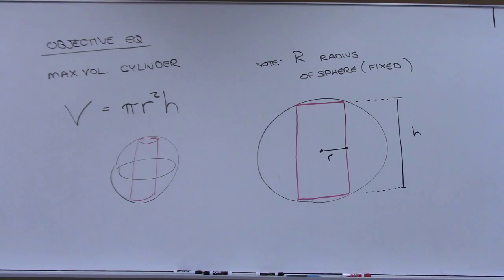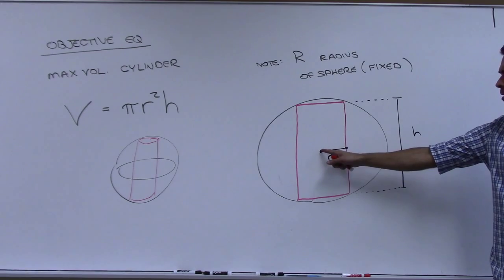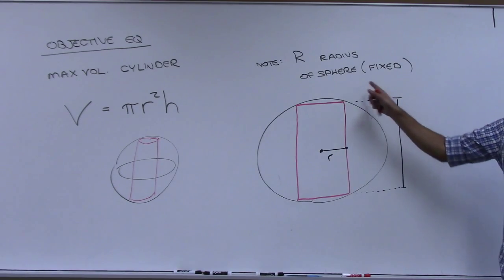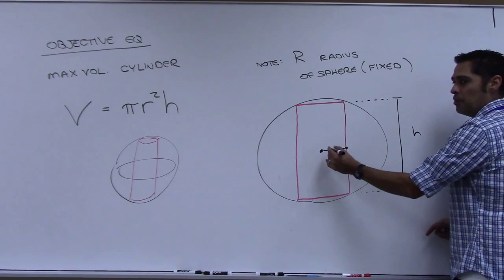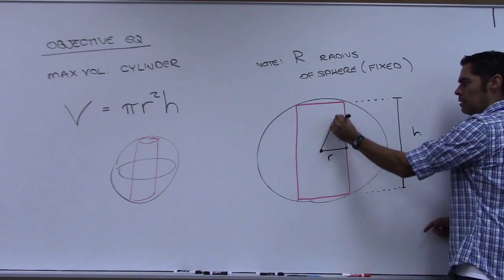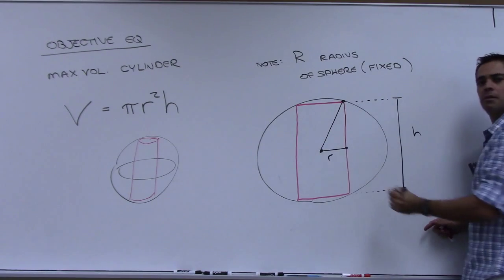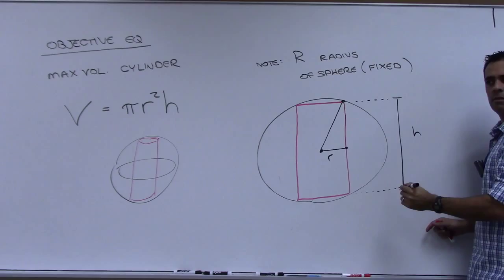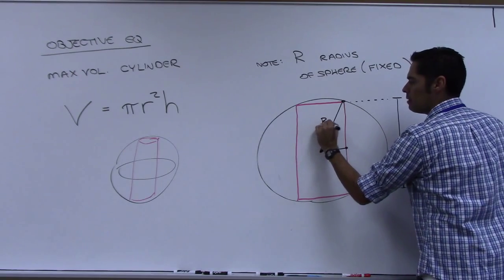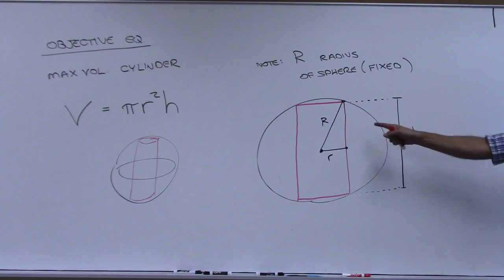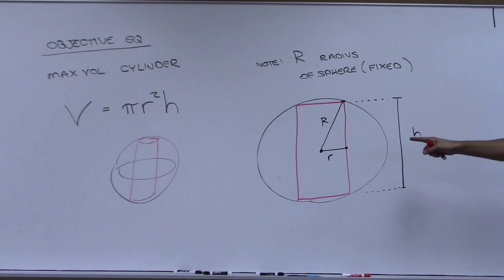We know big R. Where's big R on this picture? From the midpoint all the way to the end of the circle. From the midpoint to any point on the sphere, right? Any point. How about that one? Capital R, a fixed number. Do you see what I'm creating here?